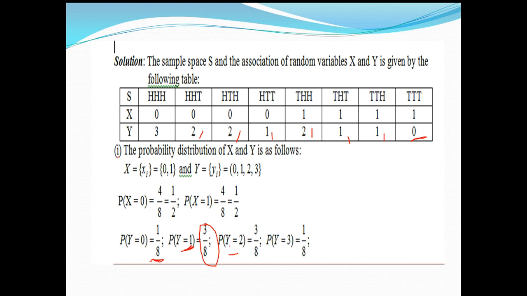So the probability of y equal to 2 is 3 by 8. Now p of y is equal to 3. 3 occurs only once out of 8 possibilities. So therefore p of y equal to 3 is 1 by 8.